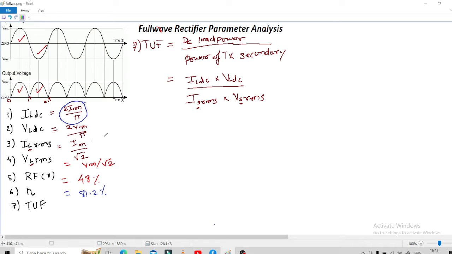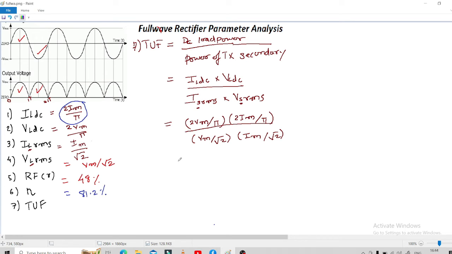which, now substituting the value of this, we get. So ILDC is nothing but, so let us substitute the value, that is 2 Vm by pi into 2 Im by pi, whole divided by Vm by root 2 into Im by root 2.